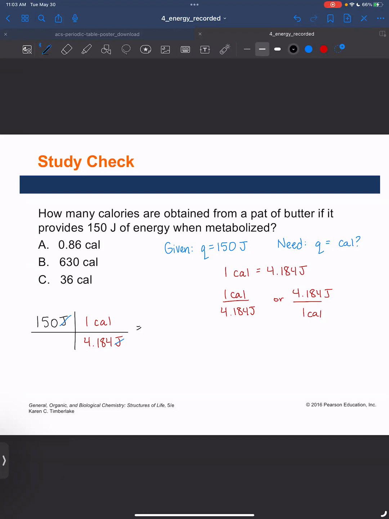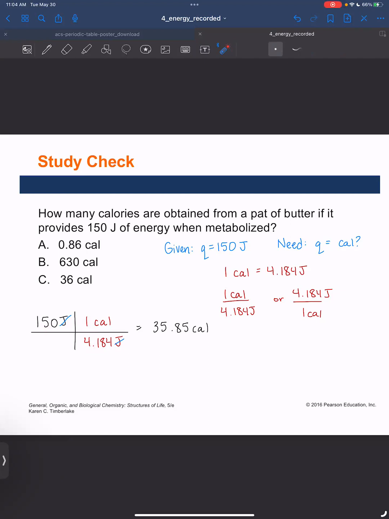So if I take my calculator, I'm going to plug in and do this with me if you haven't done so already. 150 divided by 4.184, which is 35.85 calories. However, remember that with significant figures for multiplication and division, we report to the least number of significant figures.